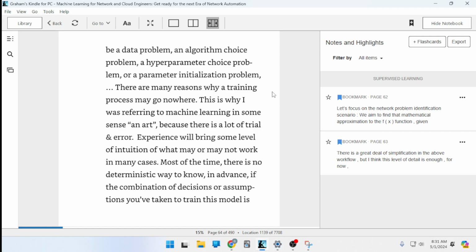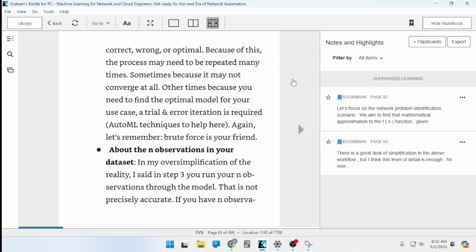Experience will bring some level of intuition of what may or may not work in many cases. Most of the time, there is no deterministic way to know in advance if this combination of decisions or assumptions you've taken to train this model is correct, wrong, or optimal. Because of this, the process may need to be repeated many times.